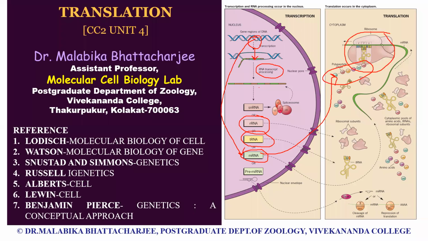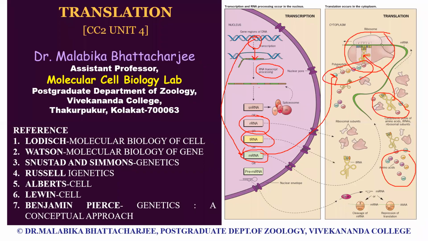Just a second. So these are the pool of amino acids you can see here. Depending on the code present here, the tRNAs pick up the amino acids. So they are charged with amino acids, and these charged tRNAs then enter the ribosome, as you can see here. So the tRNA has a vital role here.